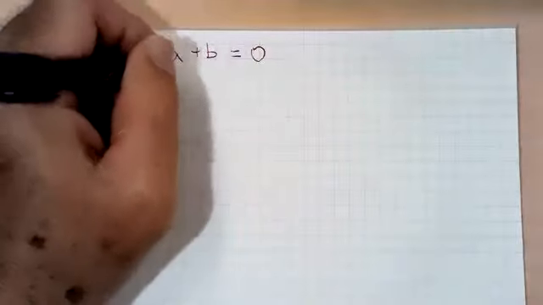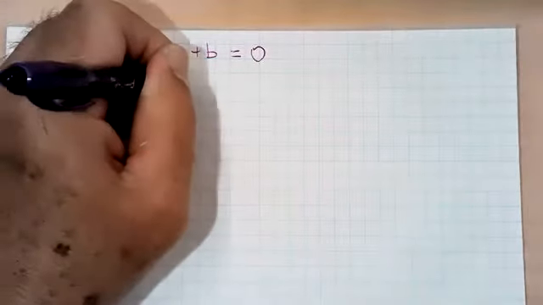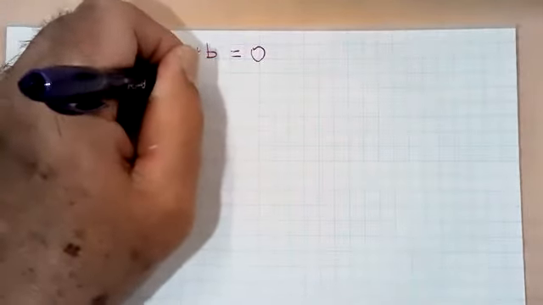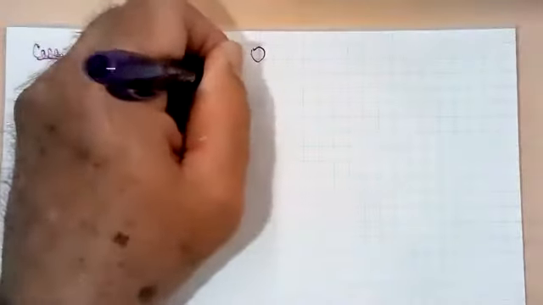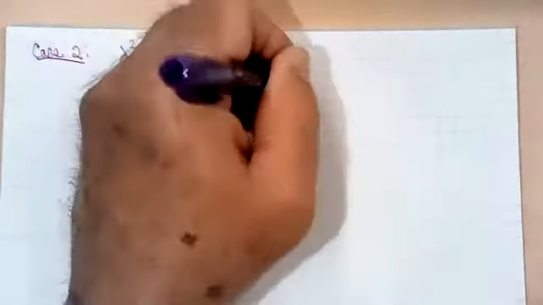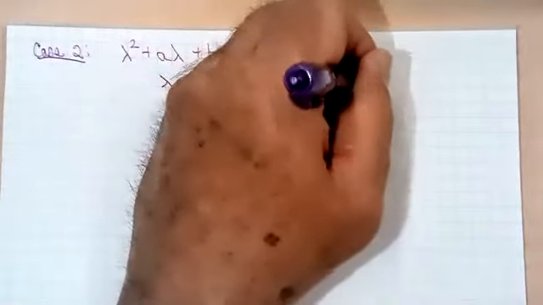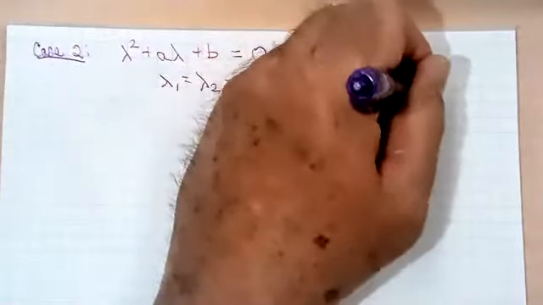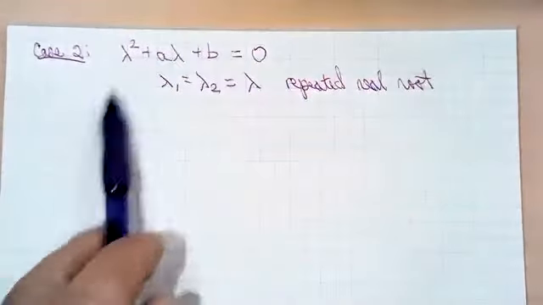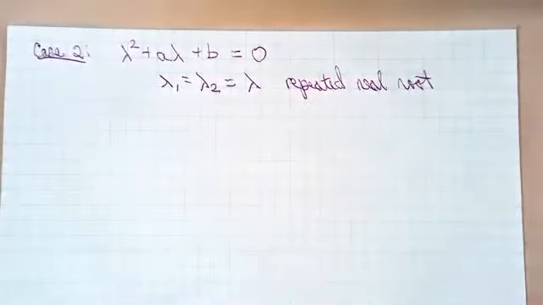It could be that lambda 1 is equal to lambda 2, which in that case we'll just call it lambda. So you'd have a repeated real root of the equation, p of lambda equals 0.